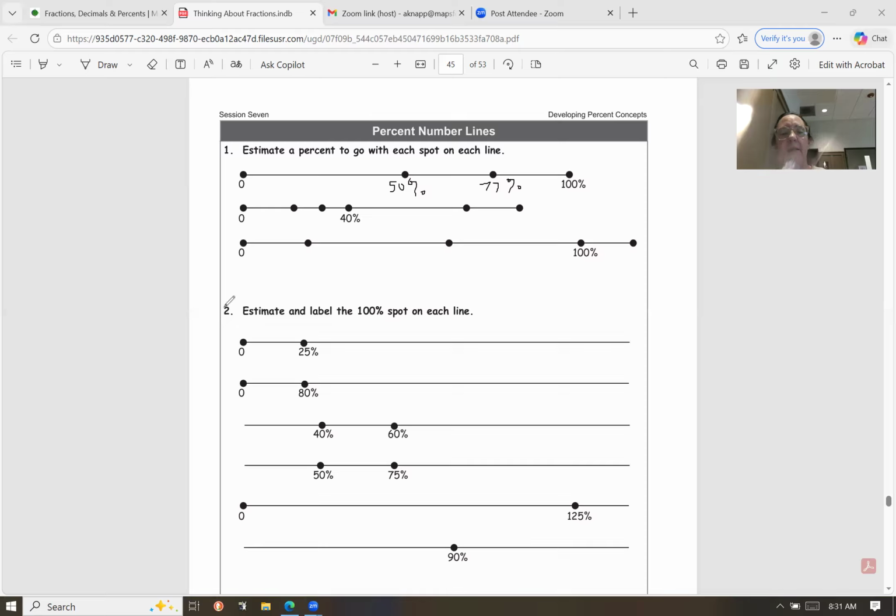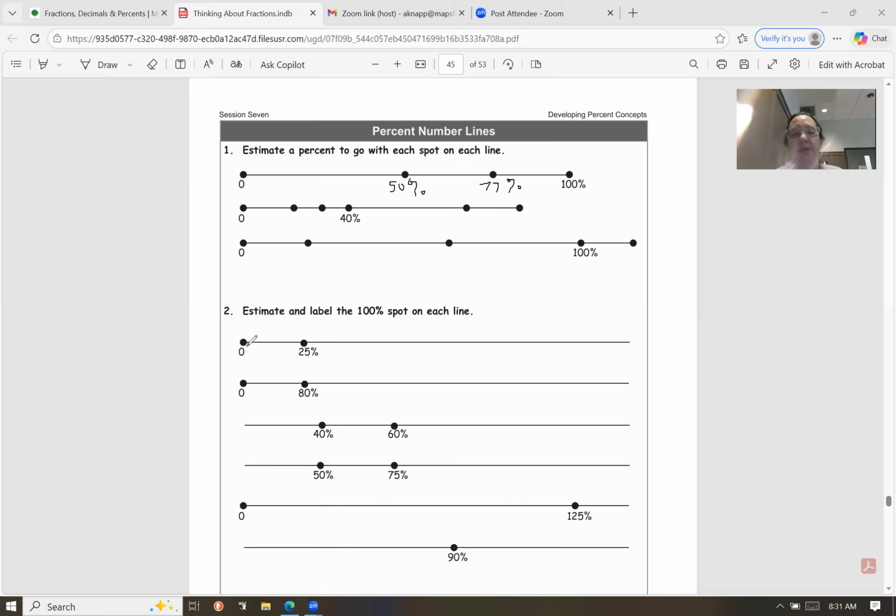And then finally, in this last section here, estimate and label the 100% spot on each line. So here we have 25%. If that's 25%, what would be 100? So you have to do some measurement. We need to figure out where 100 will be.